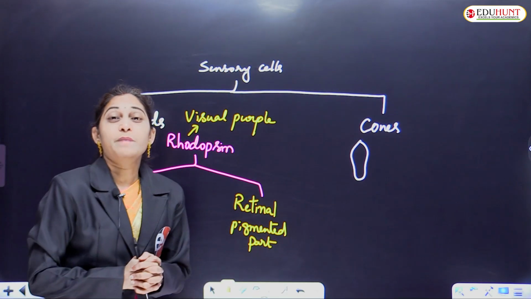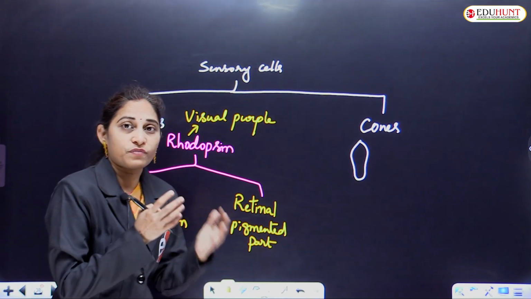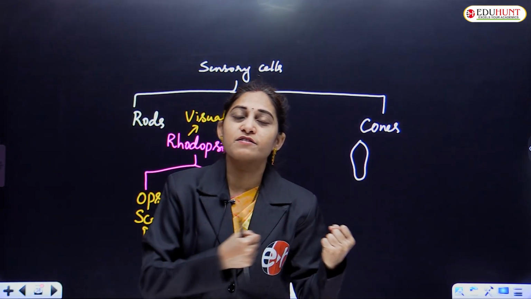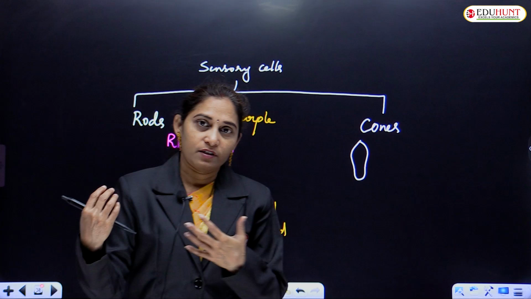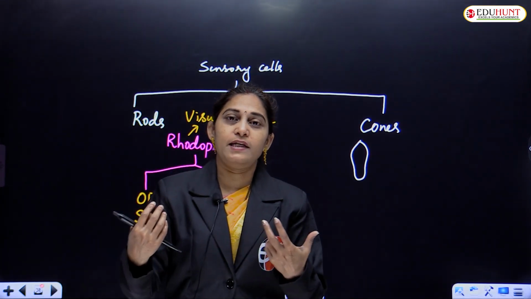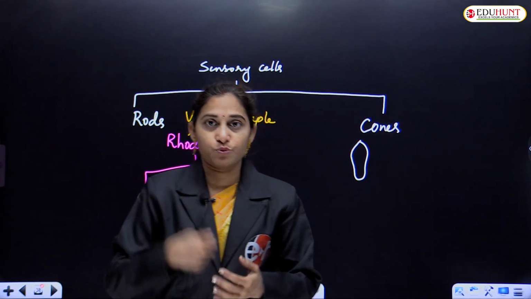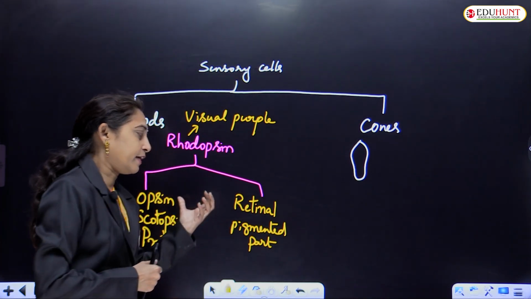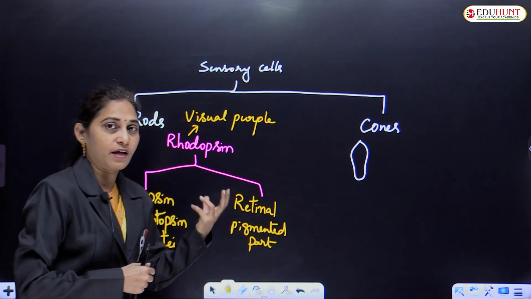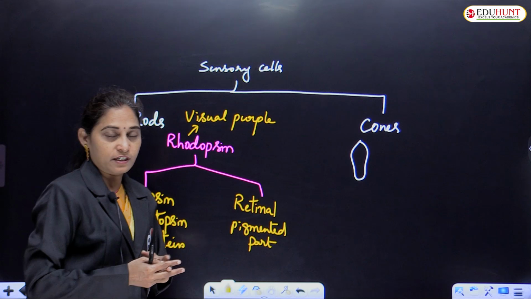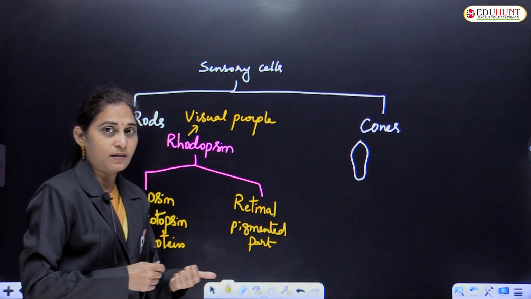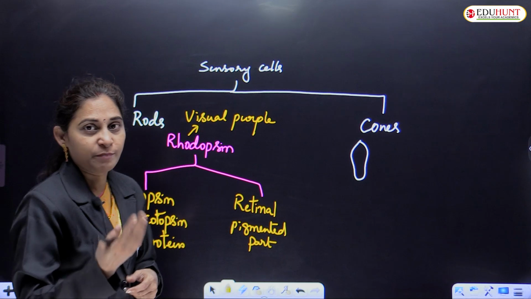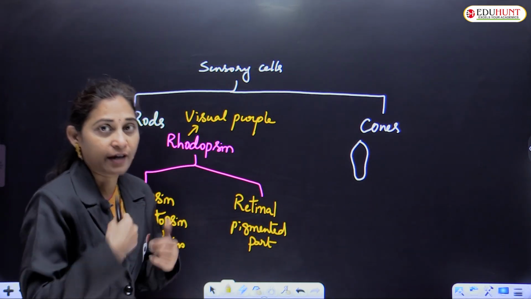Like hemoglobin of the blood. Hemoglobin is the pigment that carries oxygen, mainly from lung to the tissues. In the same way, hemoglobin has two parts in it: the protein part called globin, and the pigmented part called heme, which contains iron.